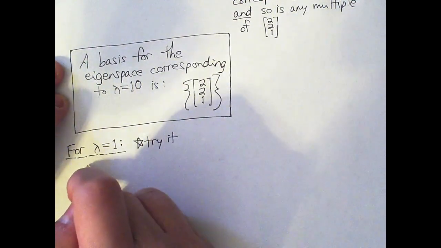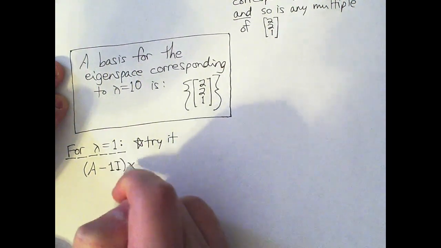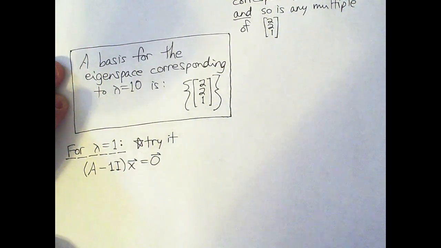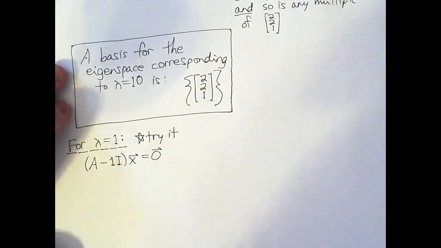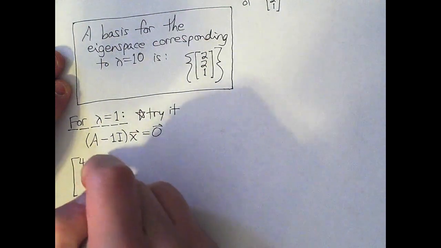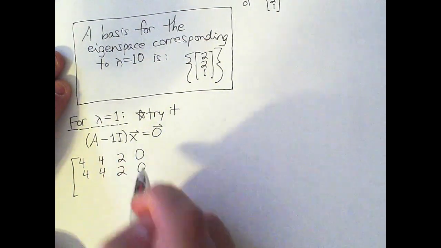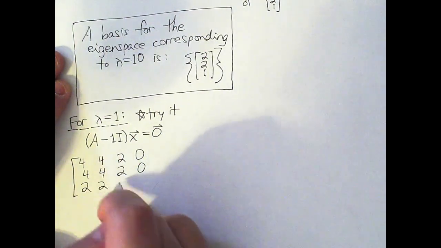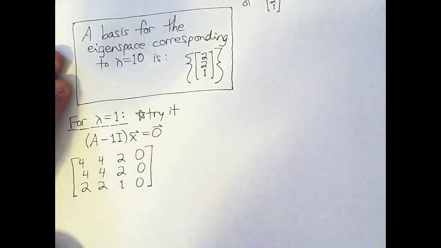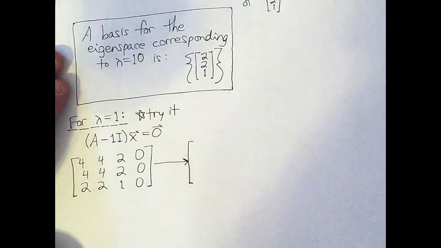All right, so hopefully you started with the system (A minus 1I) times x equals the zero vector. When I set this up as an augmented matrix, I have 4, 4, 2, 0, 4, 4, 2, 0, 2, 2, 1, 0. This row reduction is going to be simple enough that I'll just show the steps I did.